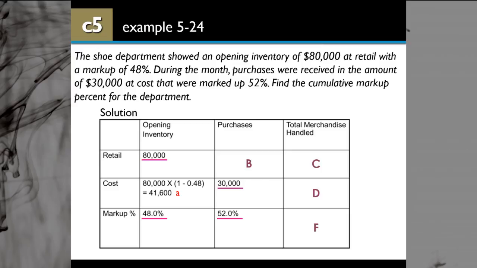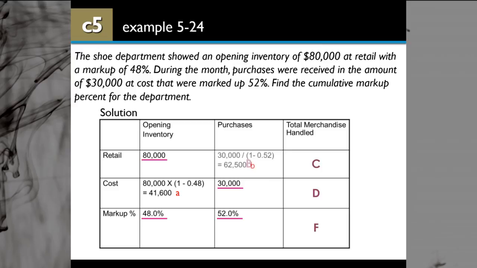Then let's go ahead and calculate B. The question is your purchases at retail. You can calculate this since you know your cost for the purchases and you know the markup percentage, because your retail dollar amount can be calculated as your dollar cost divided by cost percentage, and your cost percentage will be 100 minus markup percentage.